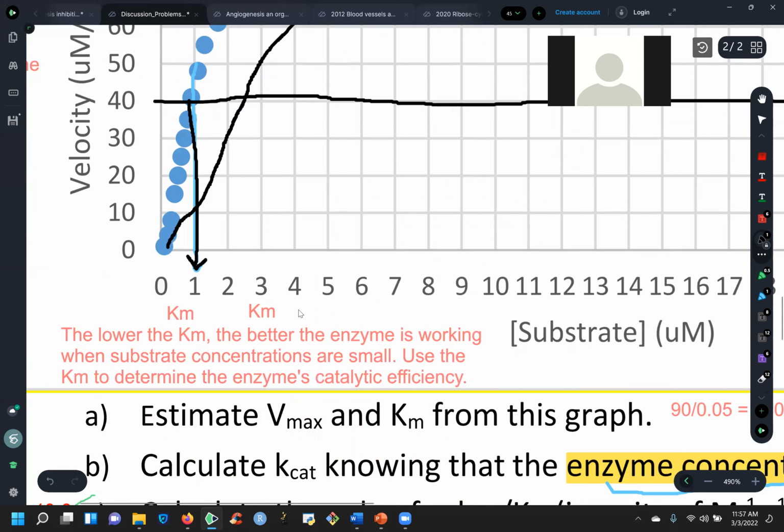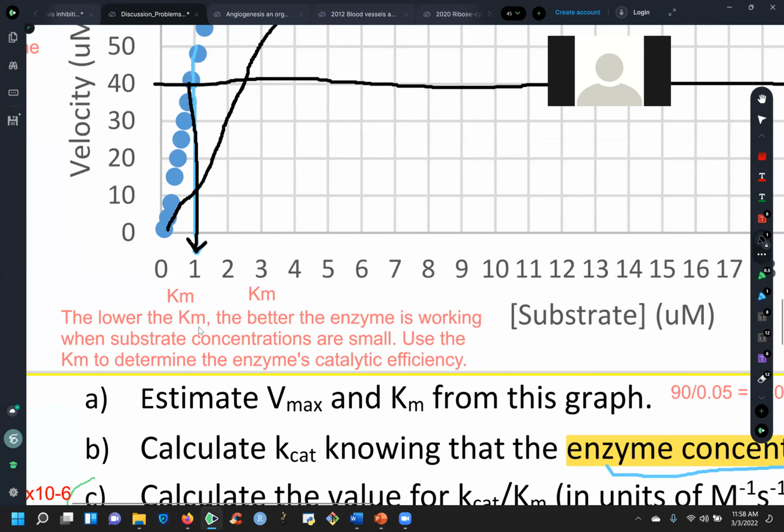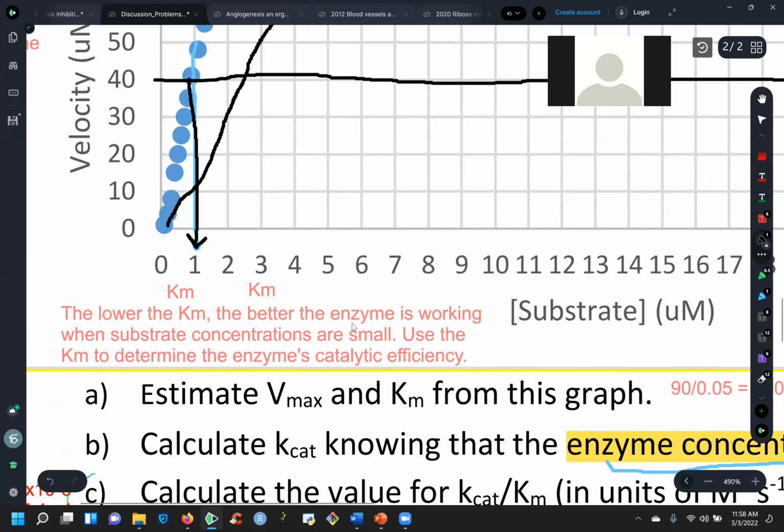The lower, so remember, big picture here. What we care about is enzyme kinetics. How good is this enzyme? What is the efficiency of the enzyme? So the lower the Km, the better the enzyme is working when substrate concentrations are small. Use Km to determine the enzyme's catalytic efficiency.